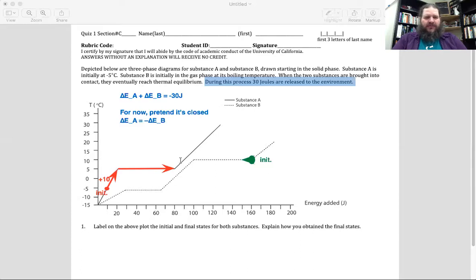Yeah, we'd have to add a total of 70 joules, plus 10, and then another plus 60. So let's see if that's a total of 70 joules of energy gain. Let's see if it's possible for B to lose 70 joules, taking it from 160 down to 90.